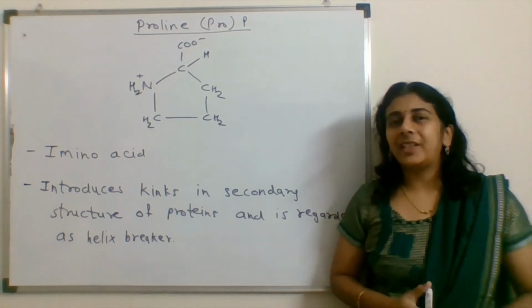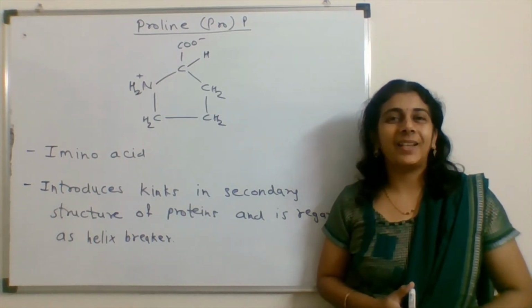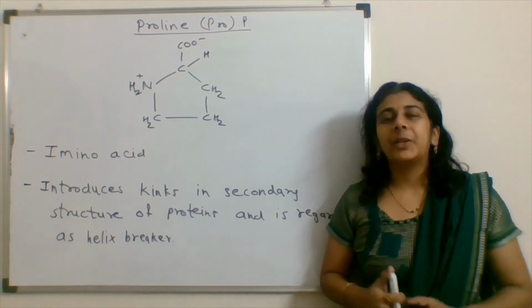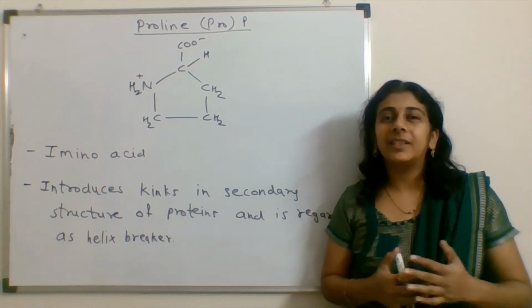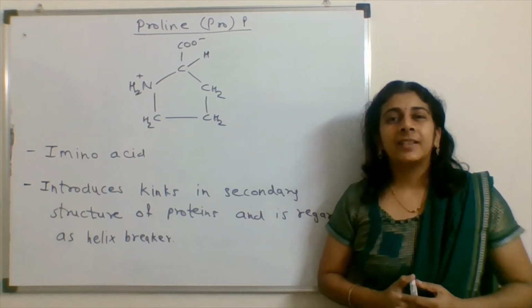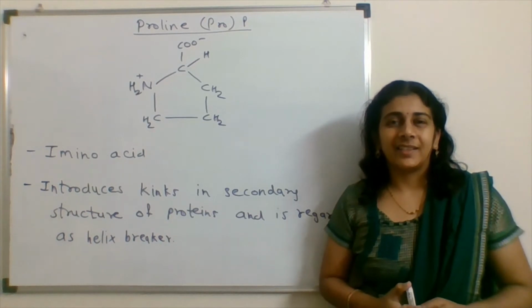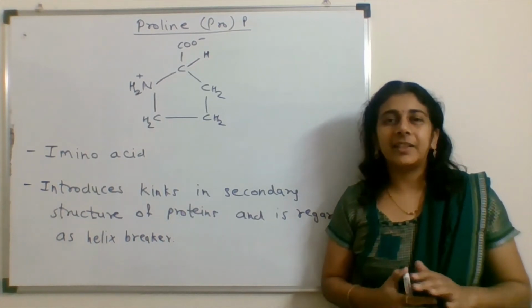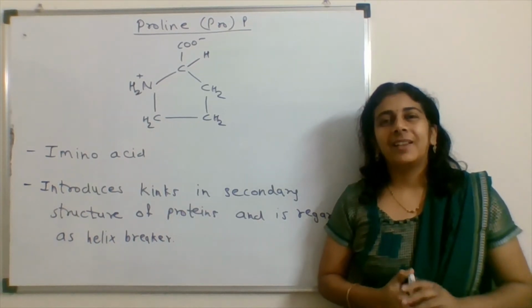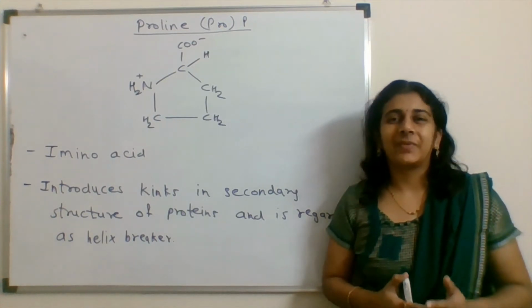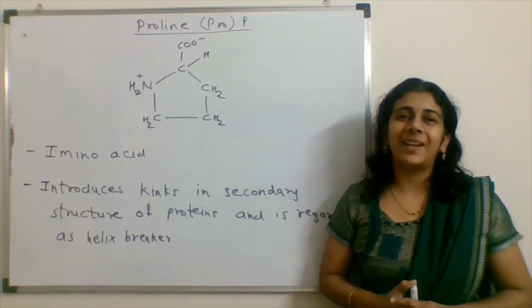That's why proline is famous as a helix breaker. Due to this cyclization, proline creates steric hindrance and doesn't allow the helix to form, so we call it a helix breaker.